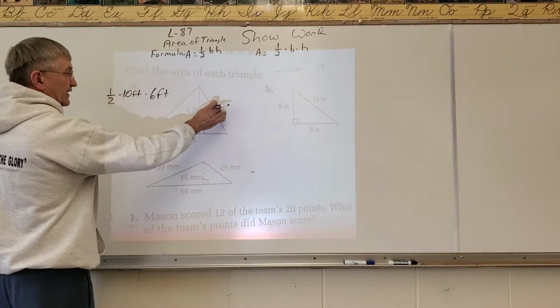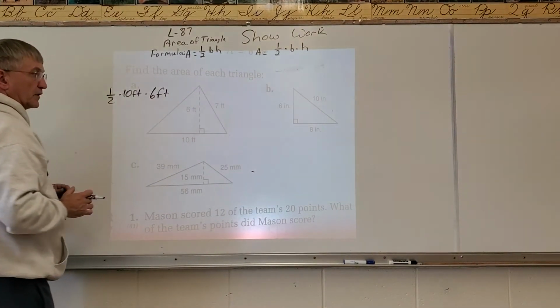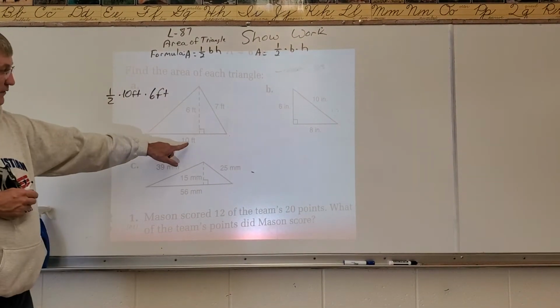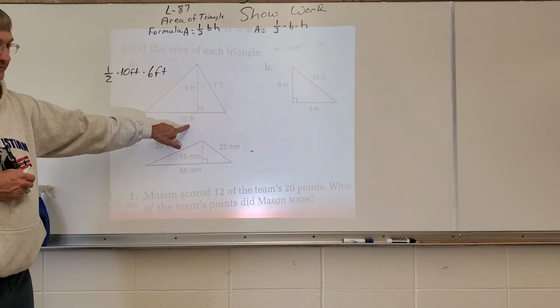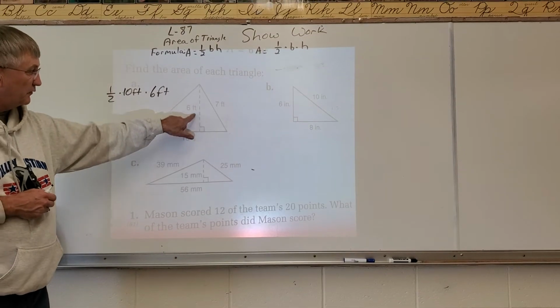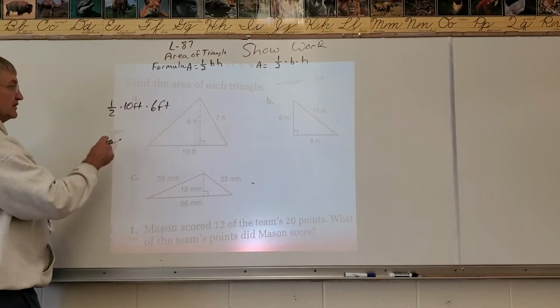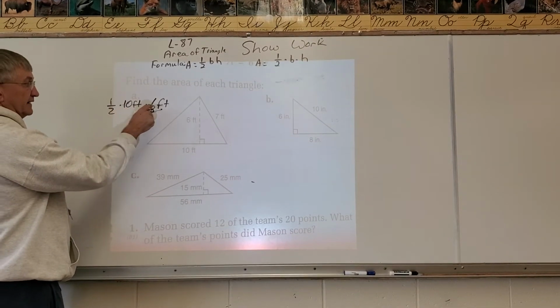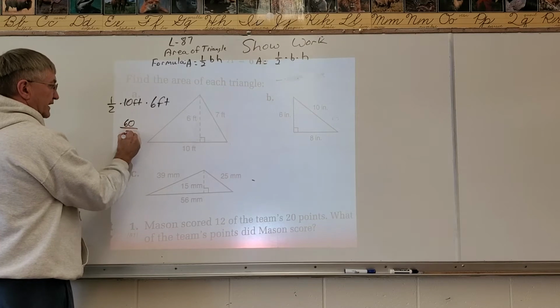So again, the numbers on the side are for finding the perimeter. The number that helps us find the perimeter and the area is the baseline. So you have 10 as a base here with a 6 feet, which is my height line. So again, 10 times 6. So we have 1 times 10 is 10, times 6 is 60, divided by 2.